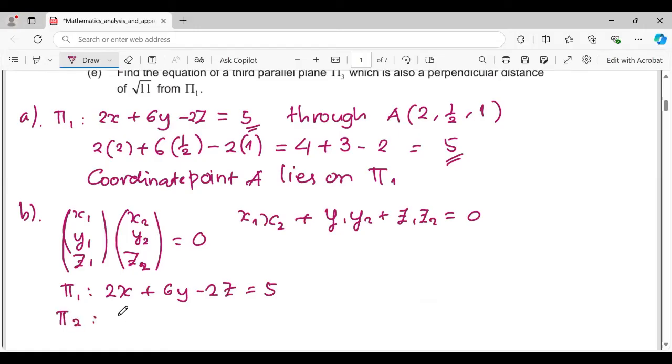Plane pi 2 is (k squared minus 6)x plus (2k plus 3)y plus pz equals q.